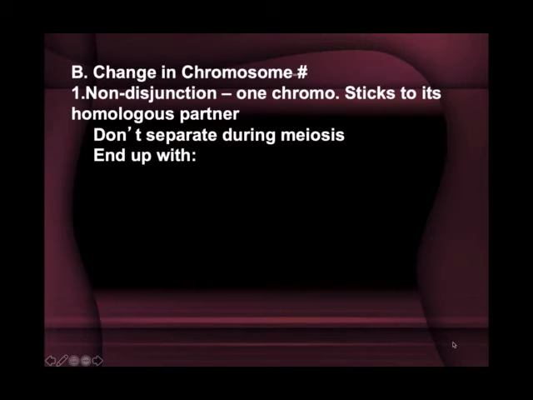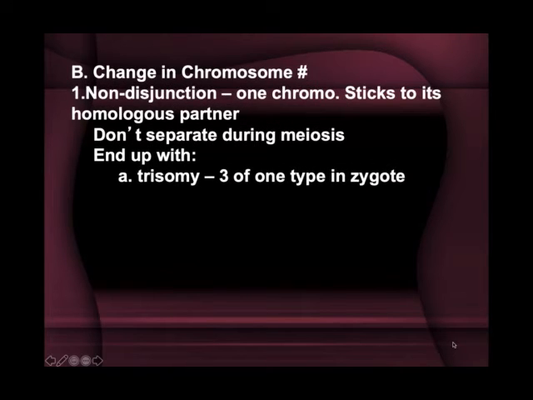So you can end up with a couple of things. You can end up with a trisomy when Sparky the sperm and Olivia ovum get together. If the egg has 24 chromosomes, it might have two number 21 chromosomes, and then Sparky the sperm arrives with his 21st chromosome. So now we have three copies of the 21st chromosome. That's called a trisomy. Tri because it's three.